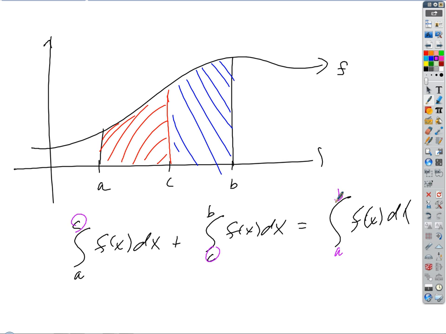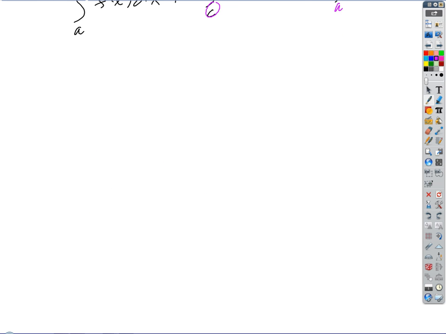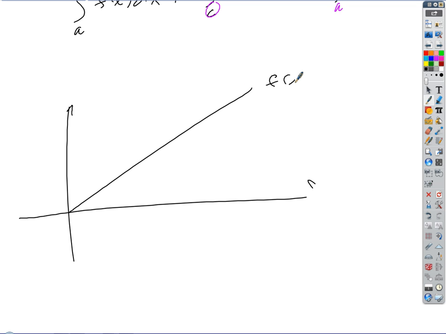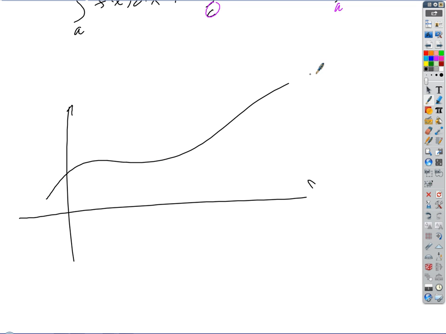No, it doesn't. What if we had something like this? Let's take something simple. Let's take the function f of x equals x, right? It doesn't even matter if we take something that simple. We can just do it this way.